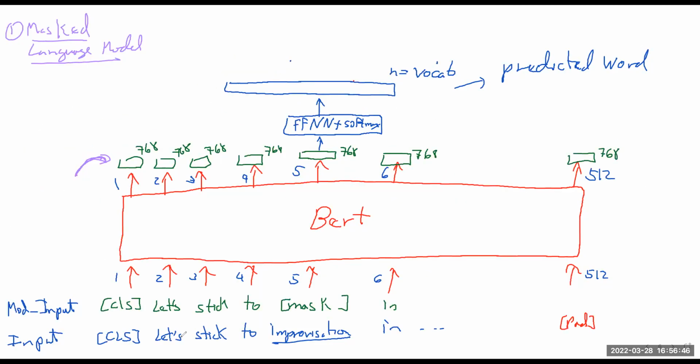Let's stick to improvisation, and the rest is padded. This gives me a vector of size 768 for each word, but I just want one vector of size 768 for the whole sentence. What do you think I could do?